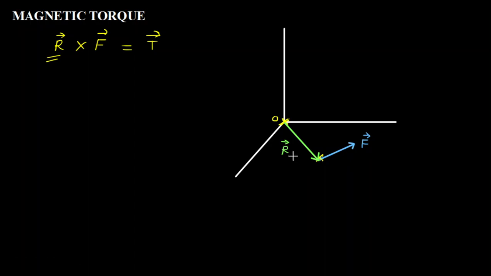Going with the basic definition of cross product, when I have r and F lying on the same plane, my resultant vector T is going to be in the perpendicular direction, that is, at right angles to both r and F. This will be my direction of torque. I hope this representation is very clear.